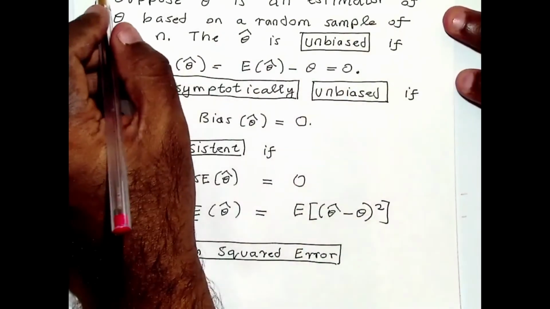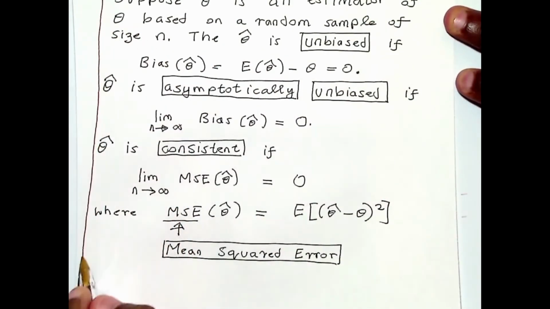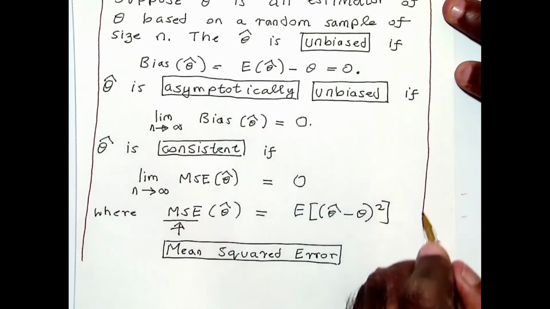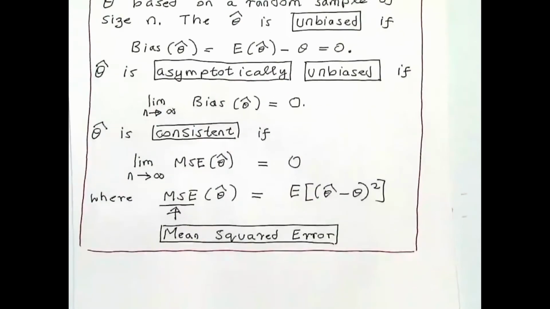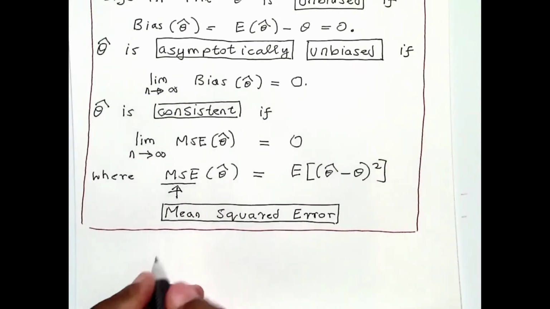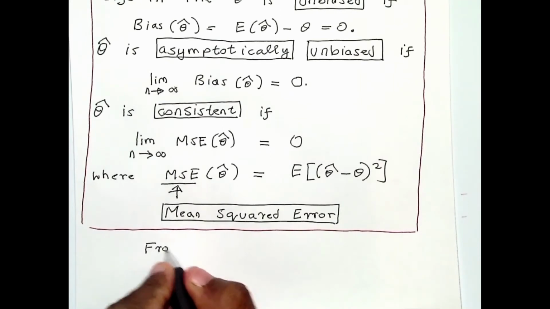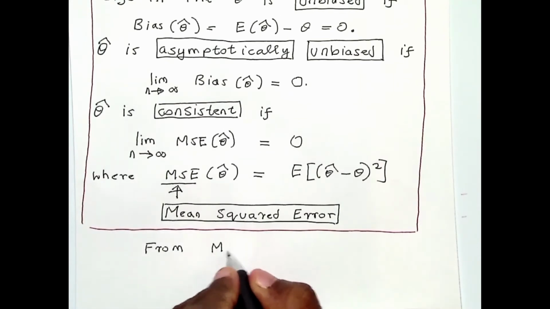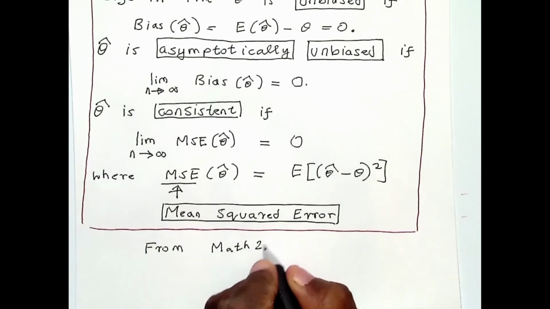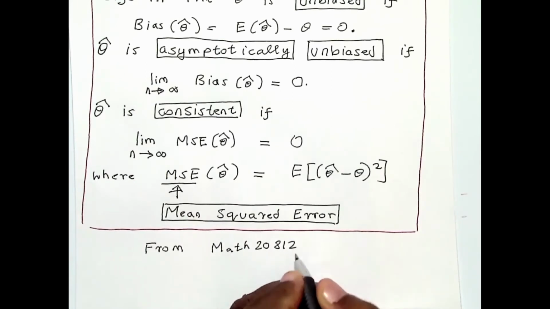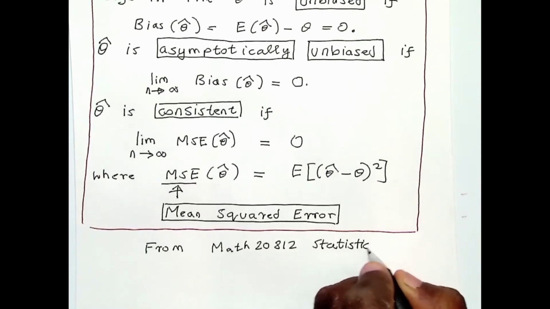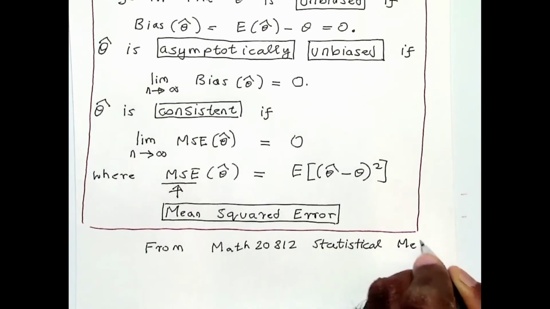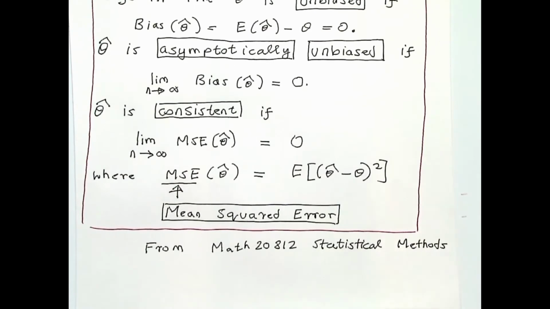So let me put this in a box so that you know what I'm talking about. These are stuff you did in year 2. If you don't remember or feel you did not do it, you may want to check up the material. These are from the course that you took in year 2, which is called Math 20812, Statistical Methods.